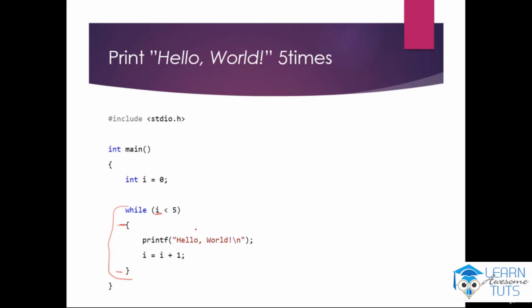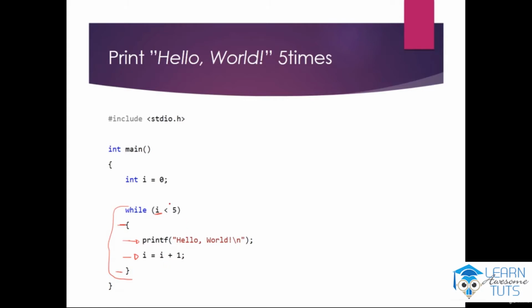Here we have the following two statements in the loop body. First statement is the printf function so that we print hello world, and the second statement is I equals I plus 1, which is used to increase the value of variable I by 1.